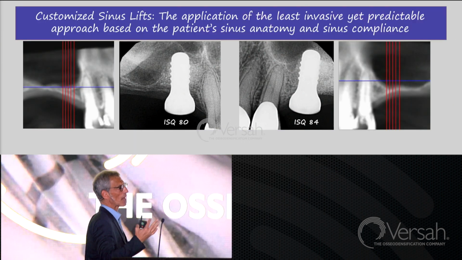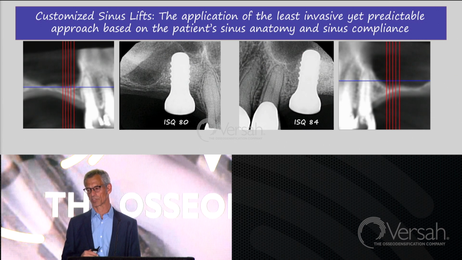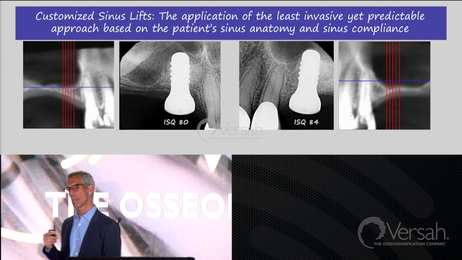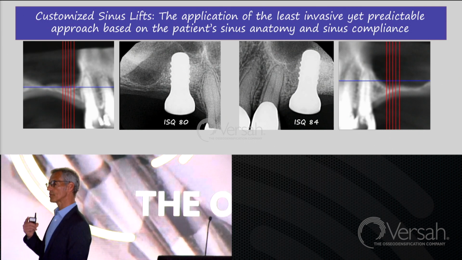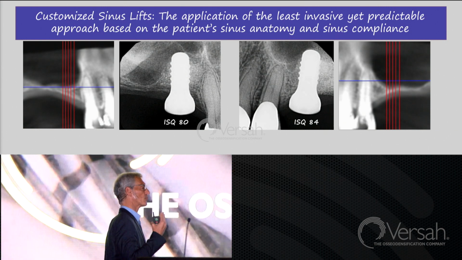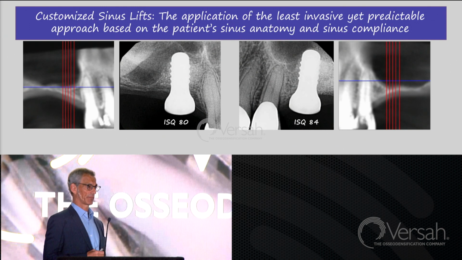And as I said, this is how I practice in my sinus procedures. Customized sinus lifts. I apply the least invasive, yet predictable approach based on the patient's sinus anatomy and sinus compliance. The sinus compliance is the sinus's ability to return to its homeostatic status after you invade it.